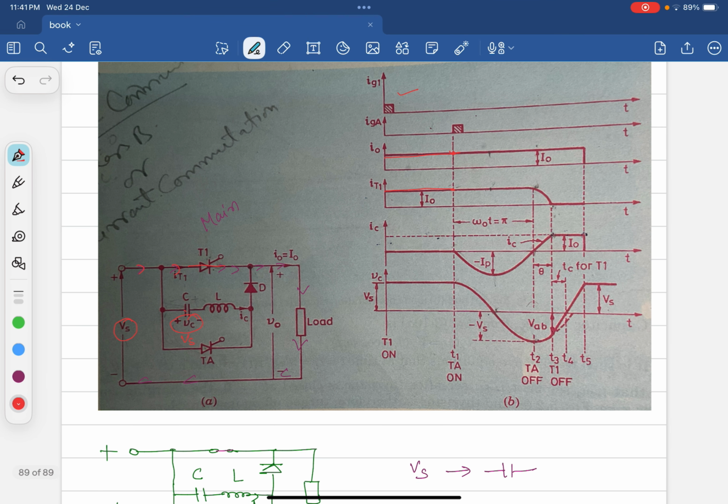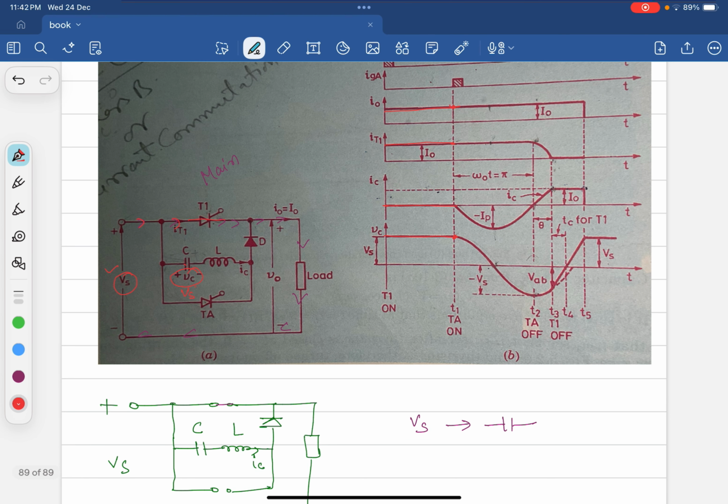About the charging current: the charging current has no path to flow because the supply voltage and the capacitor voltage are the same, so the charging current is 0. The condition of the capacitor: the capacitor was previously charged to voltage Vs and it has no path to discharge, so it will remain at Vs up to the instant t1.